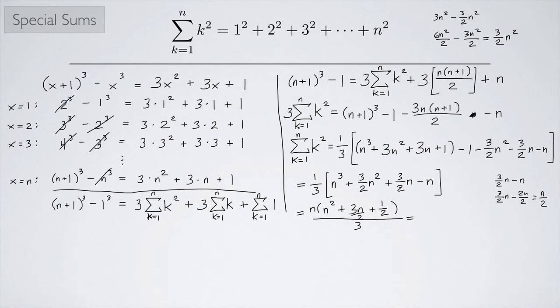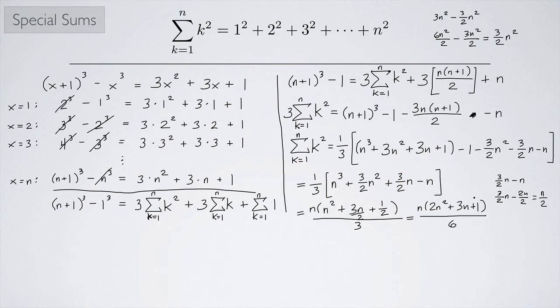So I'm almost done. I think what we can do is make this a 2n squared over 2 and add all of these things with the common denominator of 2, and then that would make this a 6 down here. So if I do that, then I would get something that looks like this, all over 6.